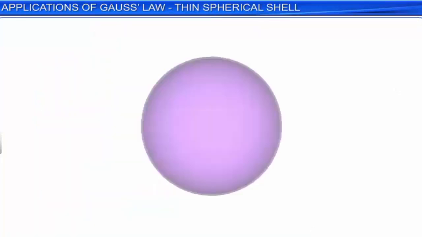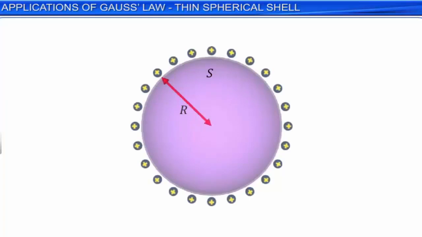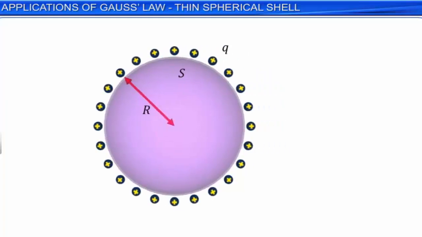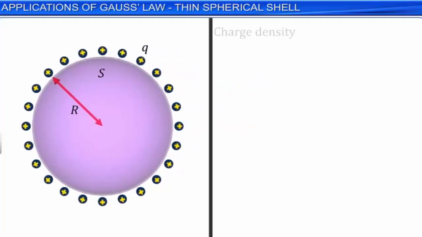Let us consider a thin spherical shell S of radius r. Let the thin spherical shell be uniformly charged with a positive charge Q. The surface charge density, sigma, is the charge per unit area of the surface, and hence sigma is equal to Q by A, where Q is the charge on the spherical shell and A is the area of the sphere.